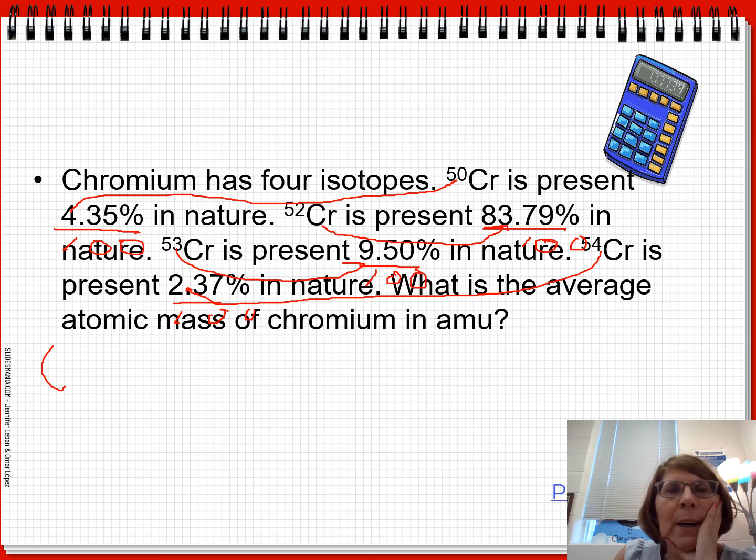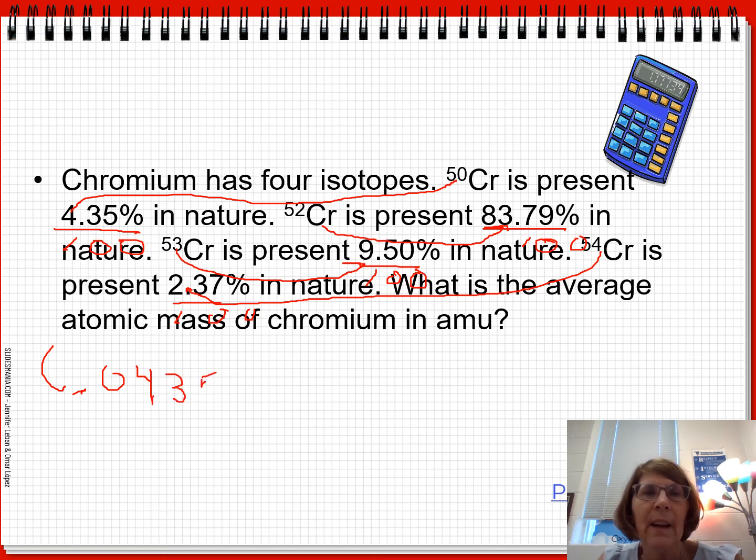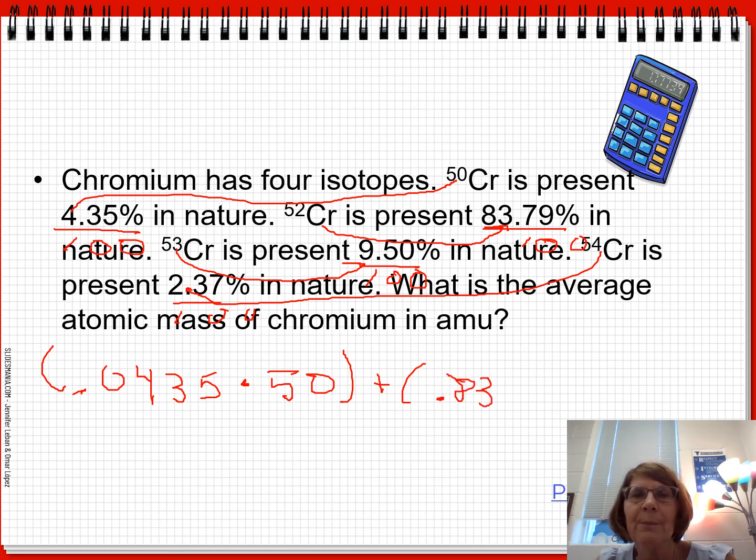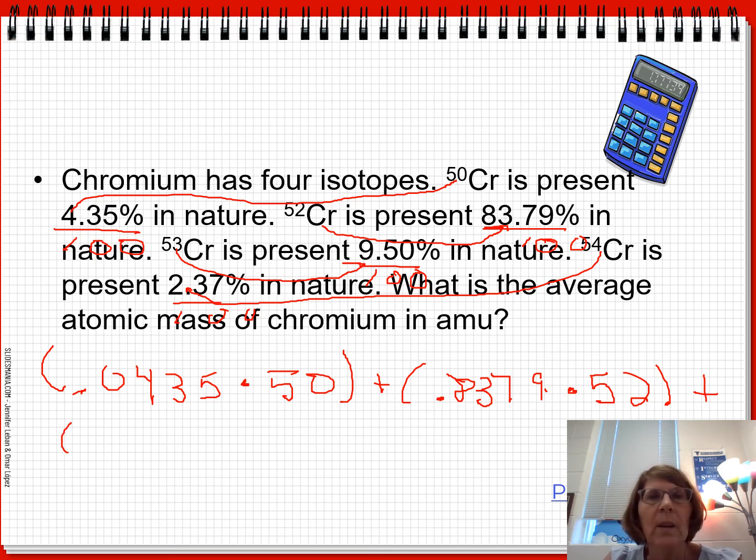So we're going to do 4.35 divided by 100, which is 0.0435, times 50, plus 83.79 divided by 100, which is 0.8379, times 52, plus 0.0950.